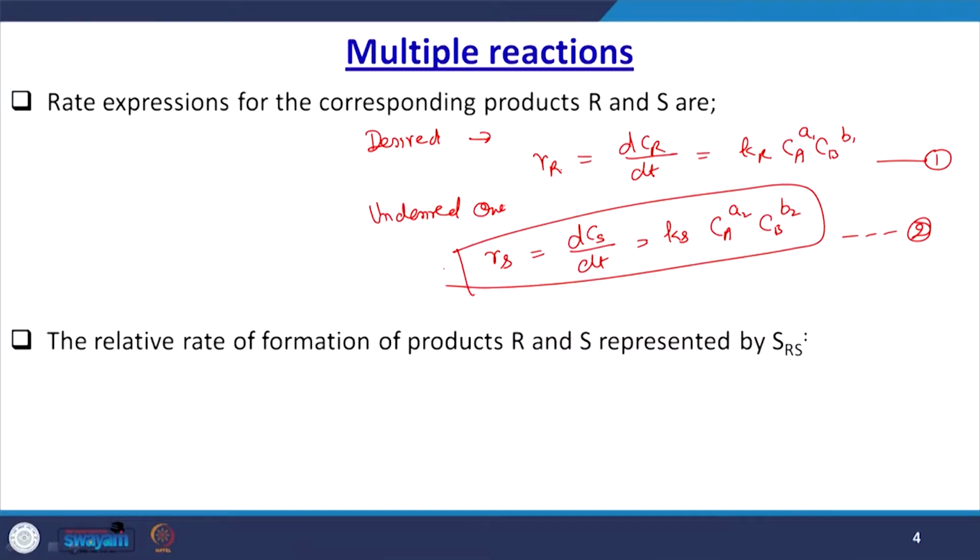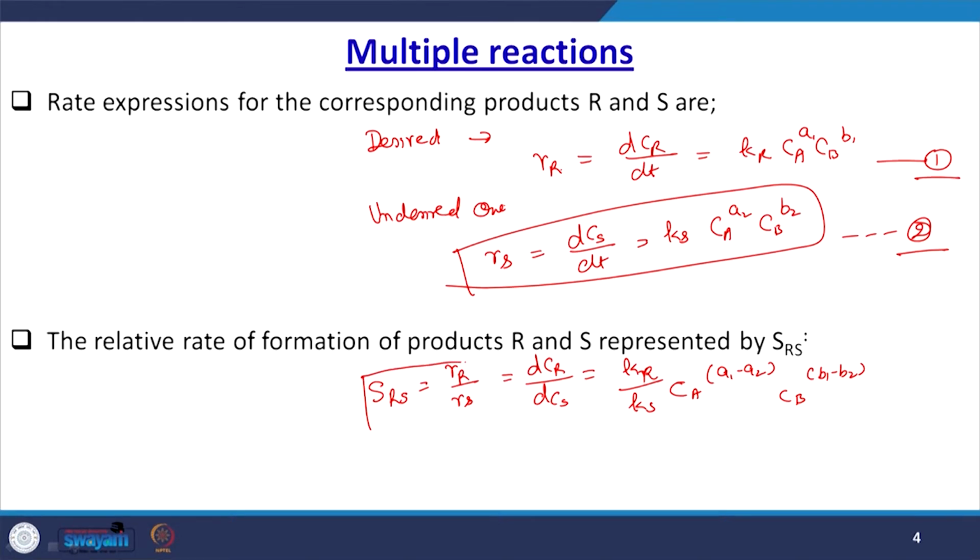If we divide equation 1 by equation 2, we get SRS is equal to Rr upon Rs is equal to dCr upon dCs is equal to Kr upon Ks times Ca^(a1 minus a2) and Cb^(b1 minus b2).